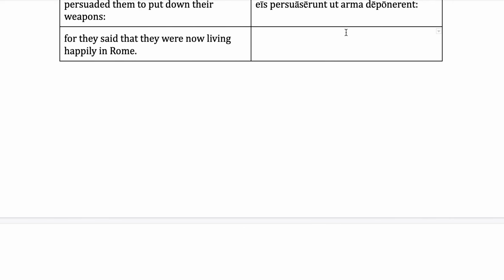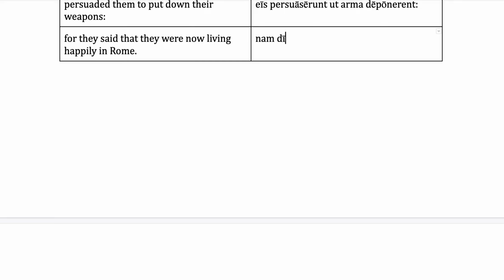Then, in the last sentence, for, so for in Latin is nam, they said dixerunt. So the verb is dicere, but again, we need the perfect tense. So look the verb up in a dictionary, you'll see the four principal parts: dico, dicere, dixi, dictum, or dictus.